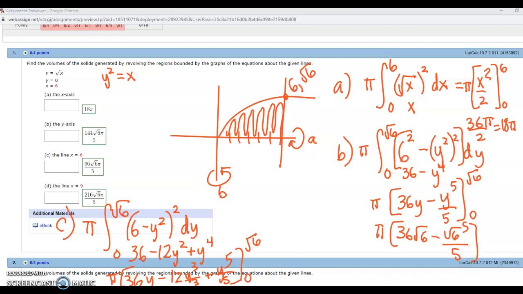I would not waste my time simplifying, although you could simplify, like here I have 12 over 3. Because I have y to the third over 3. I could simplify that to be a 4. But my final answer would just be pi times 36 root 6 minus 4 root 6 to the third plus root 6 to the fifth over 5.